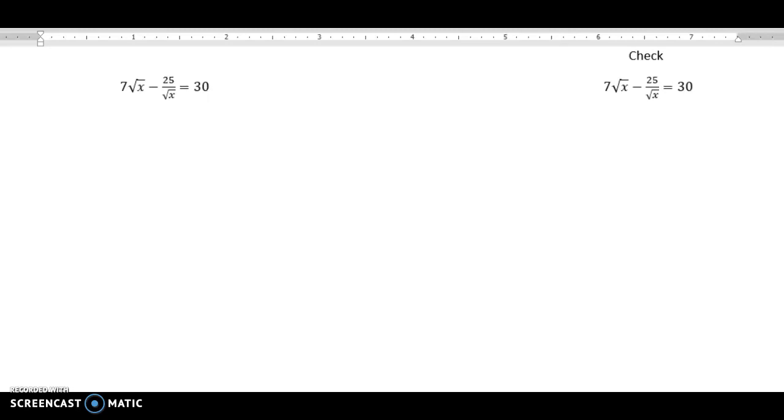Notice in this problem, we are dividing by the square root of x. So to cancel out dividing by the square root of x, I'm going to multiply by the square root of x. So I'm going to distribute the square root of x. Recall that the square root of x times itself is the same as the square root of x squared, which is just x.